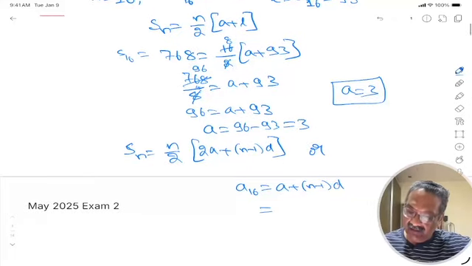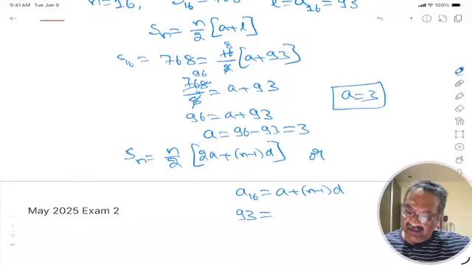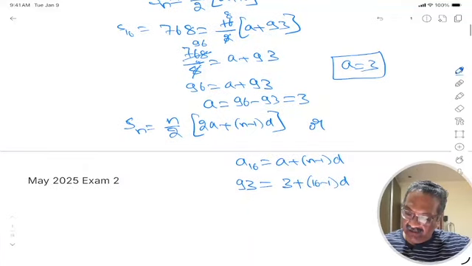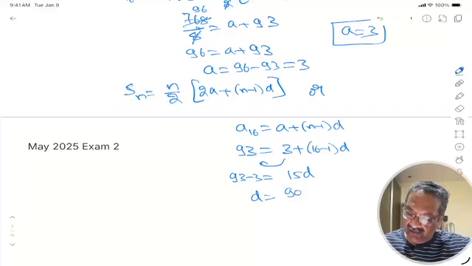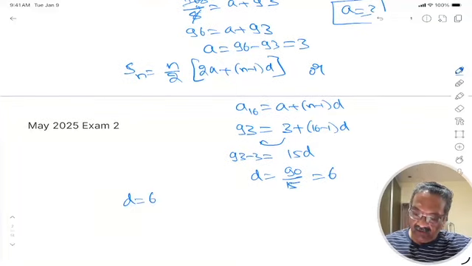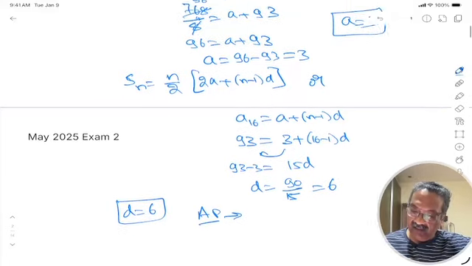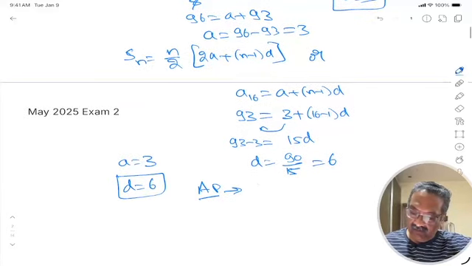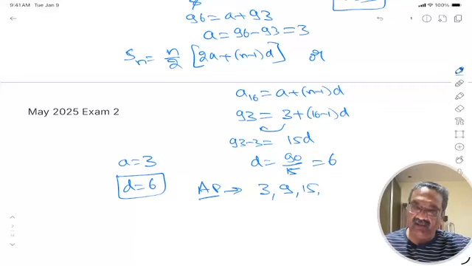We have a16 is 93, a is 3 plus 16 minus 1 into d. This comes this side, it becomes 93 minus 3 is equal to 15d. d is equal to 90 by 15, which is equal to 6. So, we get d is equal to 6. Alright. So, the AP becomes, what is A? A is 3. So, the AP is 3, 3 plus 6 is 9, 9 plus 6 is 15, 21 and so on.